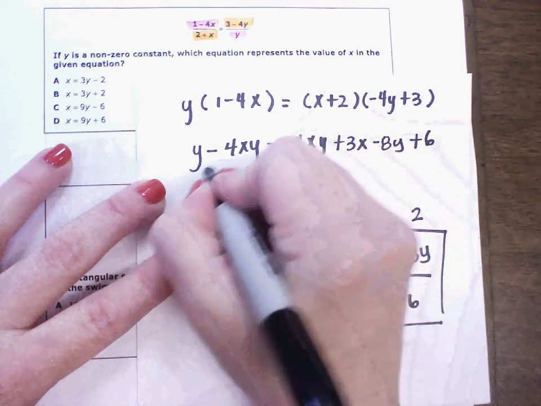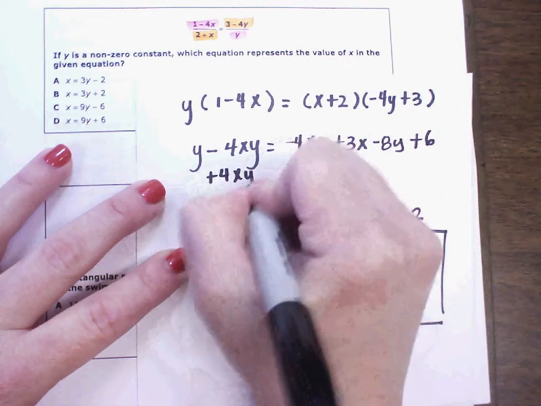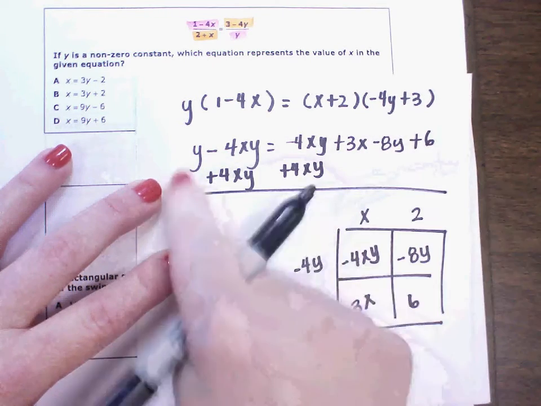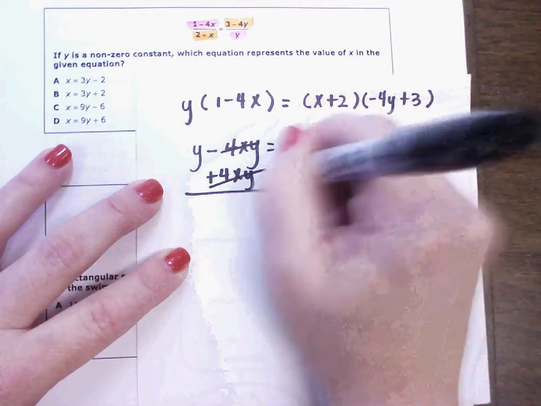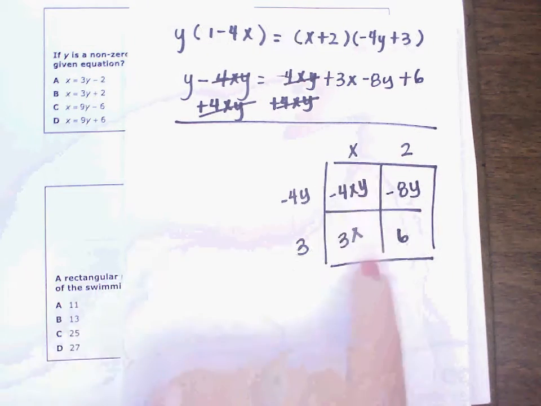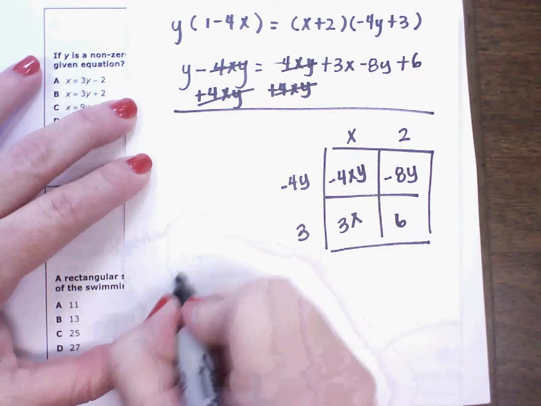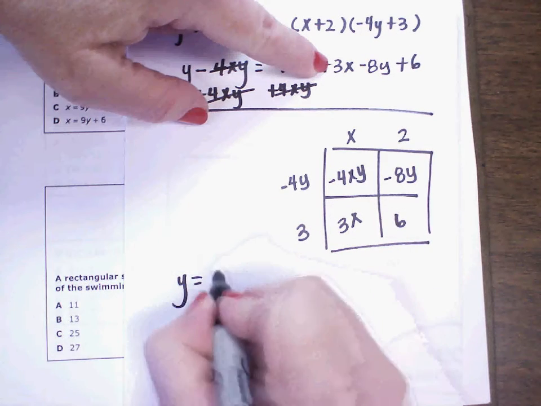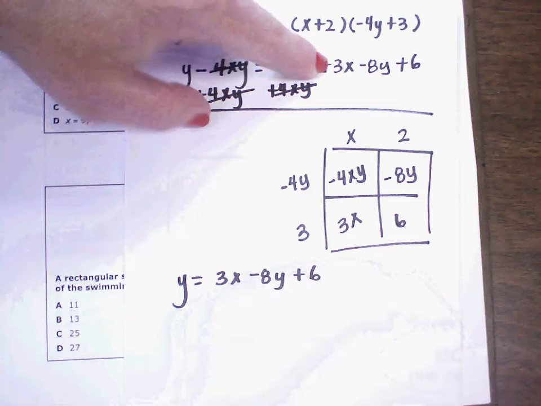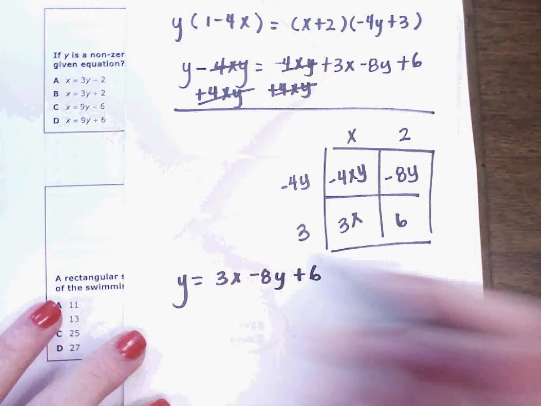So when I say plus 4xy, that's going to be canceled right here. So I'm going to go all the way over here. So this would be y equals 3x minus 8y plus 6.